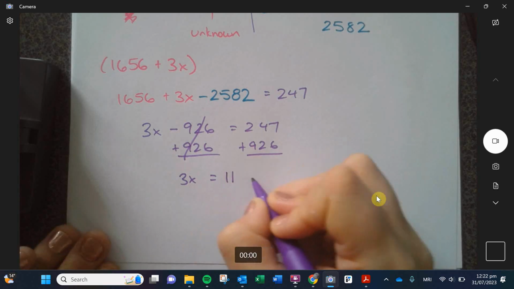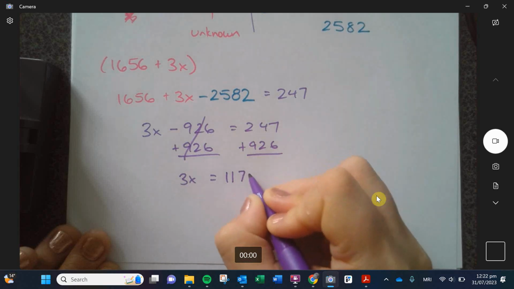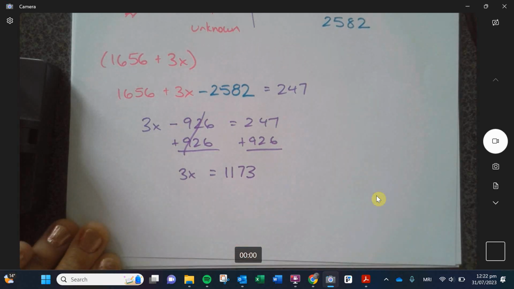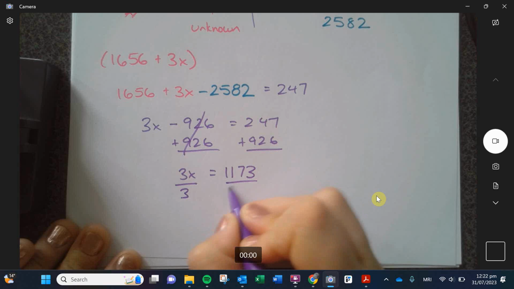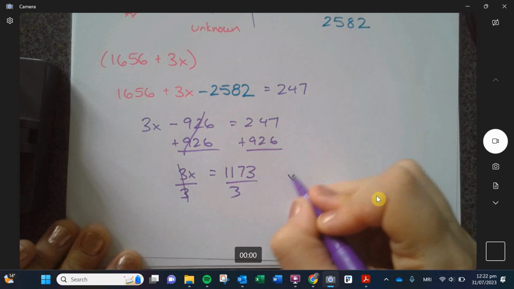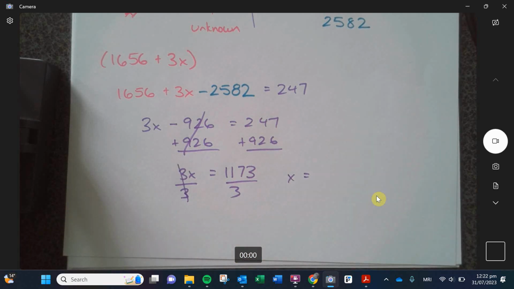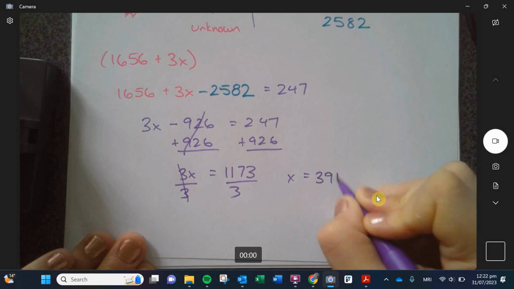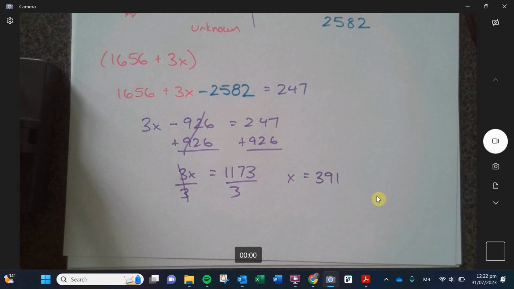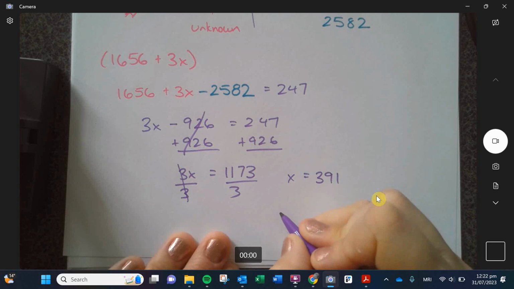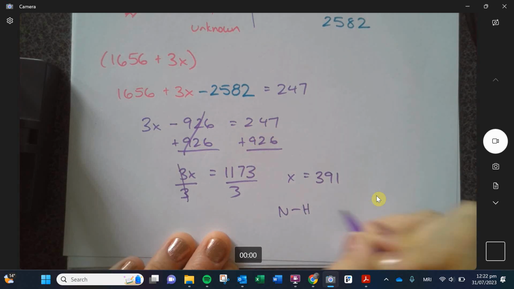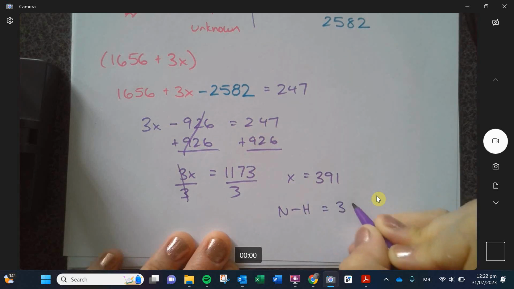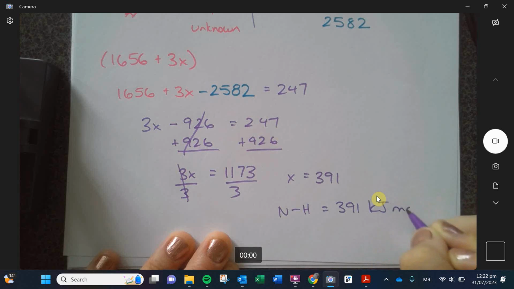That is 1173. And then I just need to divide by 3. And I have x equals 391. So what that tells me is that the nitrogen-hydrogen bond is equal to 391 kilojoules per mole.